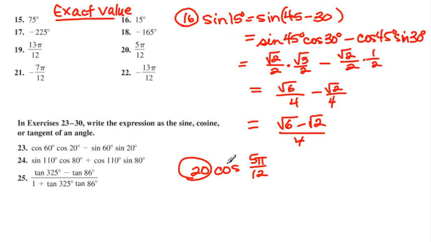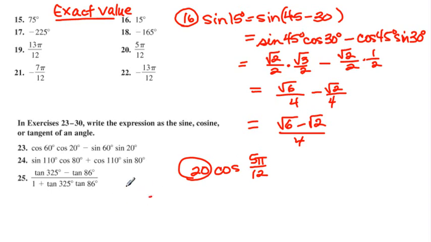Now, with 12s, generally speaking, you can think of 3's and 4's added together, because the common denominator between 3's and 4's is 12, or 2's and 6's added together as well. So I try to think about, well, how could I get 5 pi over 12?